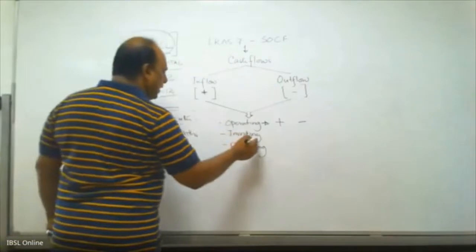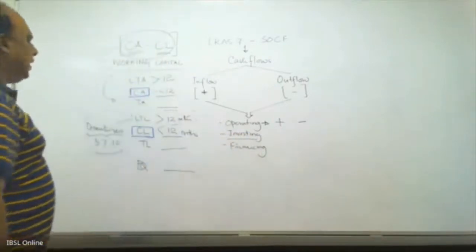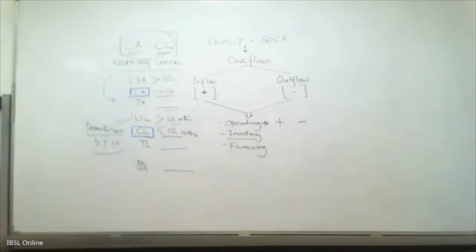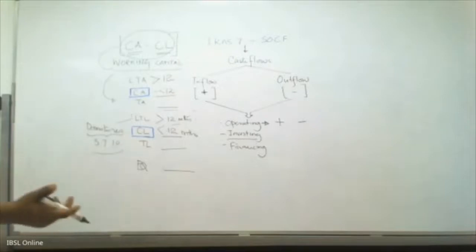But what do you mean by investing? As rightly said, you might have long-term assets, which can be either purchased newly or could be disposed. Some of the things are where you might purchase new fixed assets or you might get rid of the existing fixed assets.